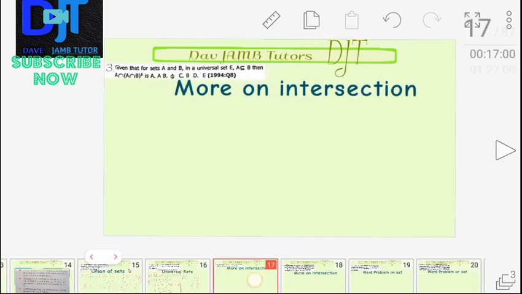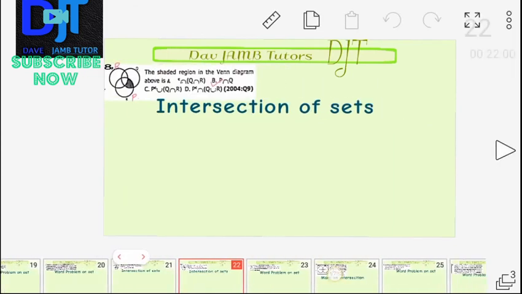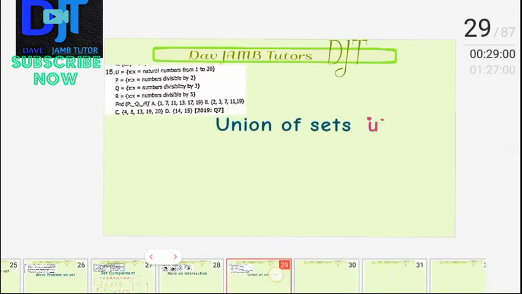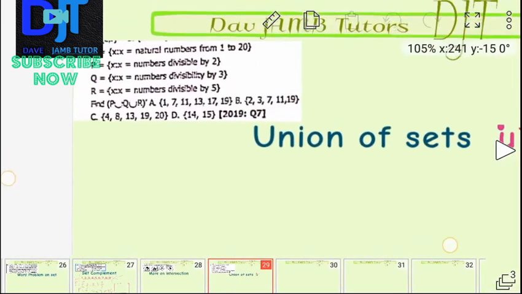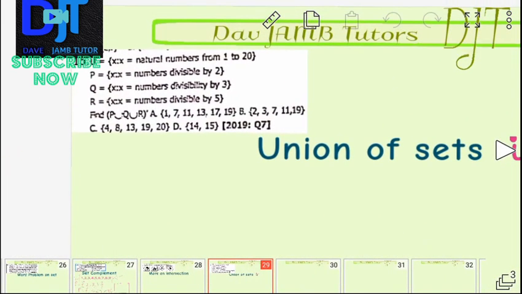So now let's move to another question on union of sets. This question says U equals x is a natural number from 1 to 20. P equals x are numbers divisible by 2. Q equals x are numbers divisible by 3.